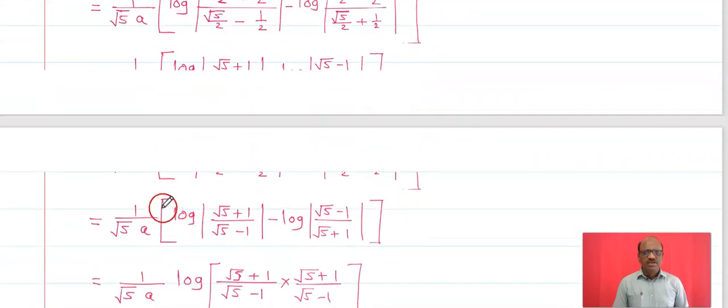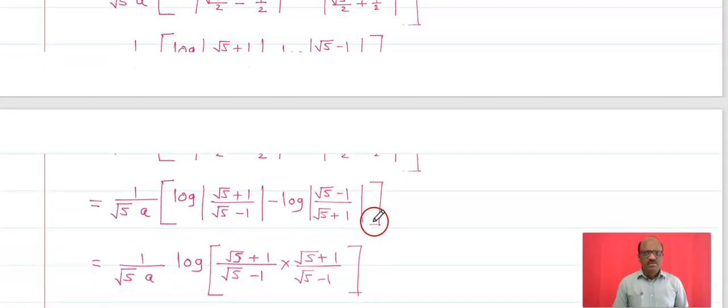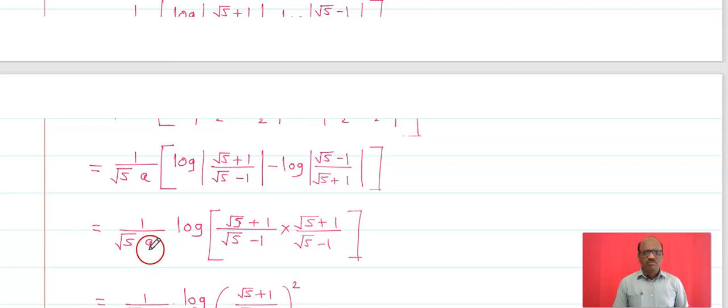And therefore you will get 1 upon root of 5a log of root of 5 plus 1 upon root of 5 minus 1, minus log of root of 5 minus 1 upon root of 5 plus 1. And therefore you will get 1 upon root of 5 into a log of root of 5 plus 1 upon root of 5 minus 1 into, this will become multiplied by the reciprocal, then you will get root of 5 plus 1 upon root of 5 minus 1.